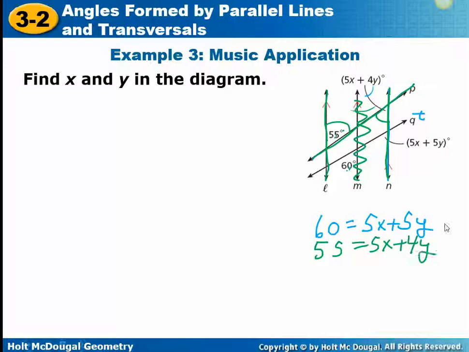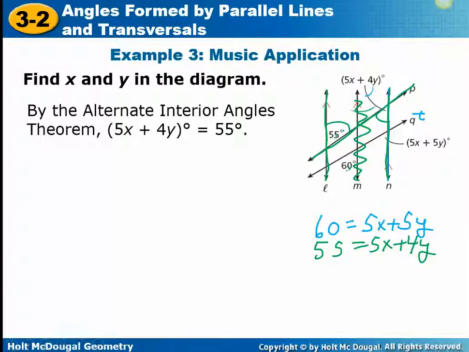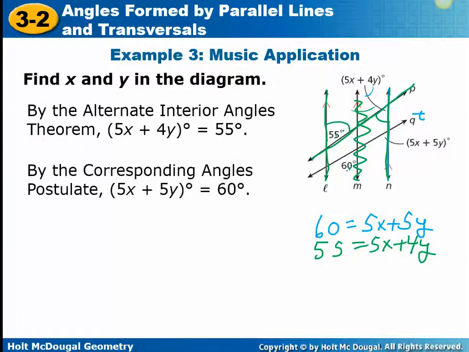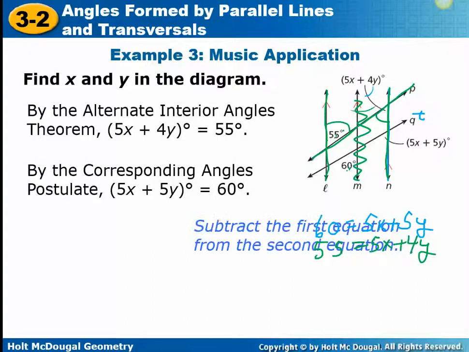All right, let's look at the steps for this one. This one's a little tricky. So there we've got the 5x plus 4y equals 55. We also have the 5x plus 5y equals 60. We have two equations and two variables. So this is a system of linear equations, which was probably your favorite chapter from algebra, if you remember that.